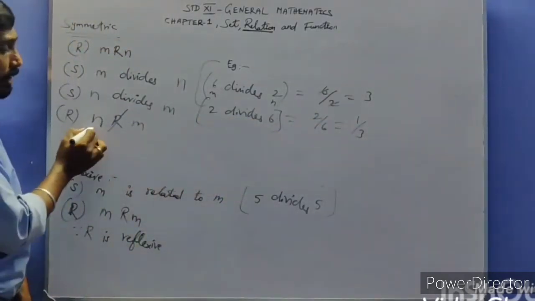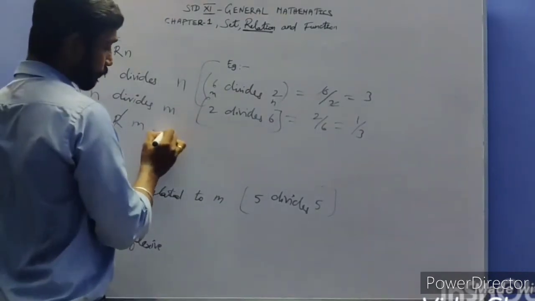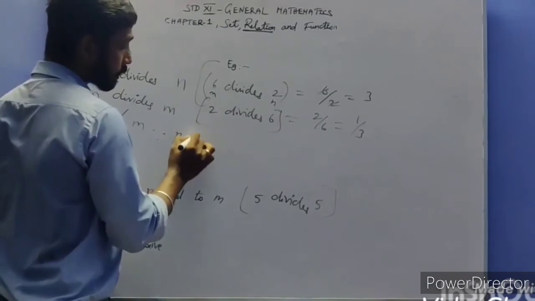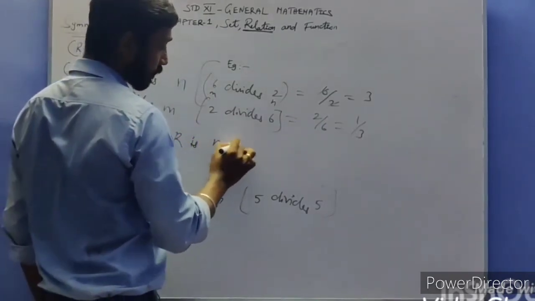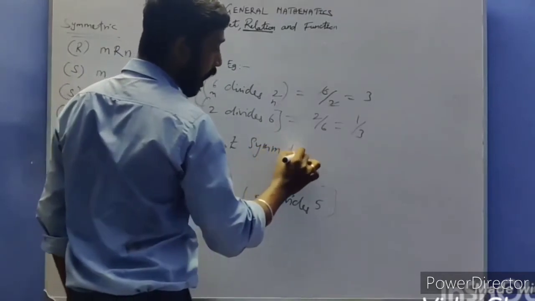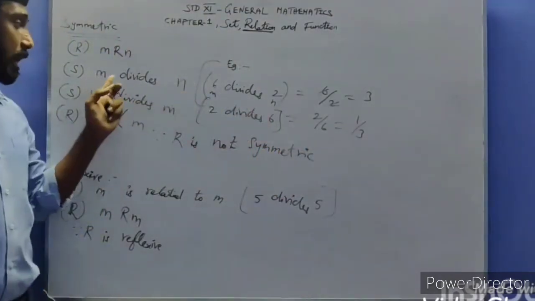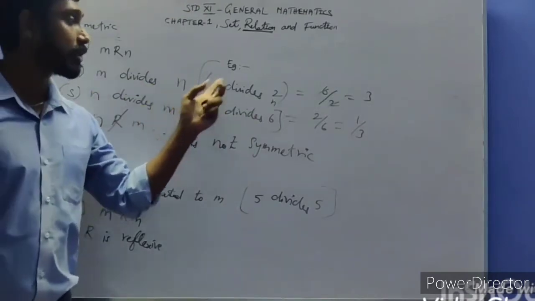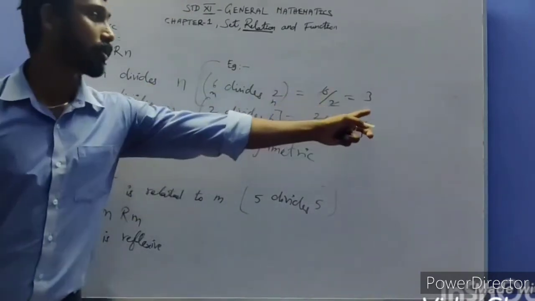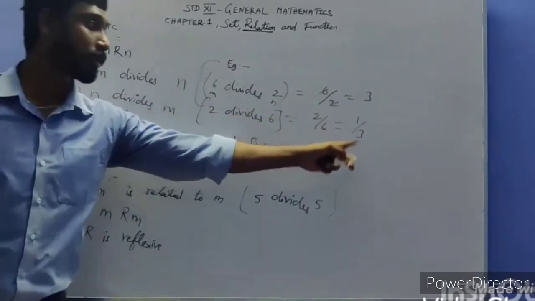It is n not related to m. Therefore R is not symmetric. So now you understand, children? R is not symmetric because m divides n, for example 6 divided by 2, the answer is 3. And 2 divided by 6, the answer is 1 by 3.